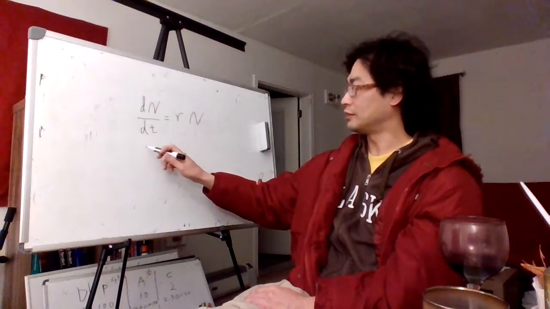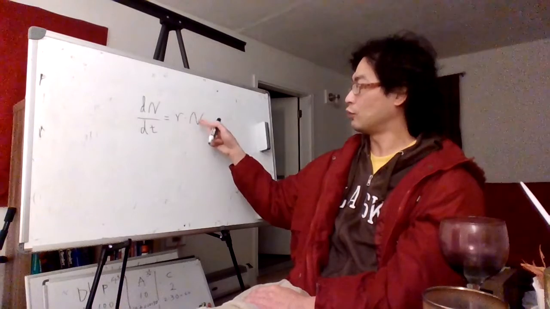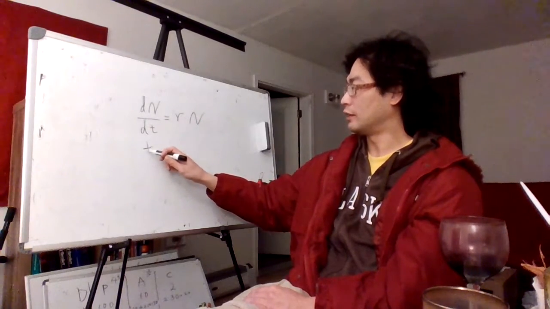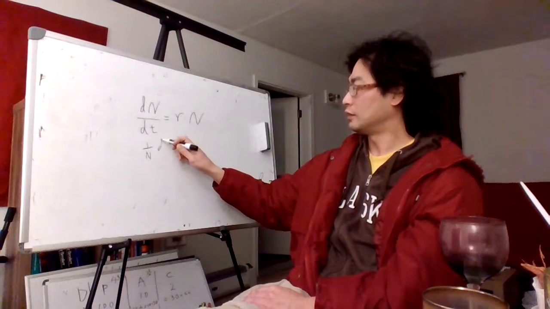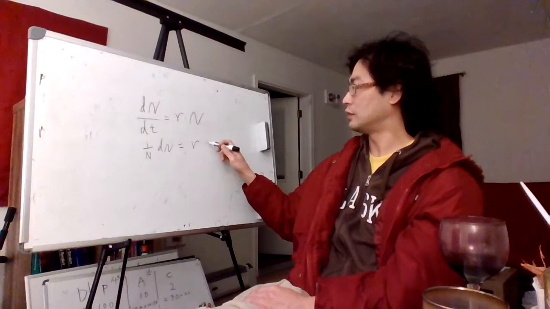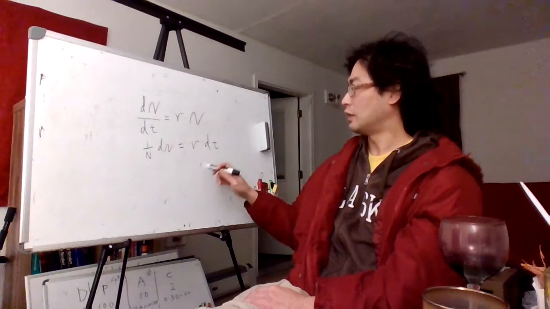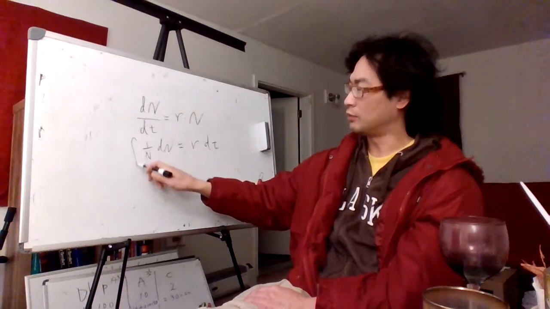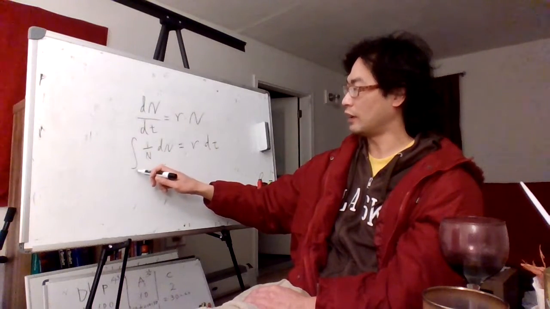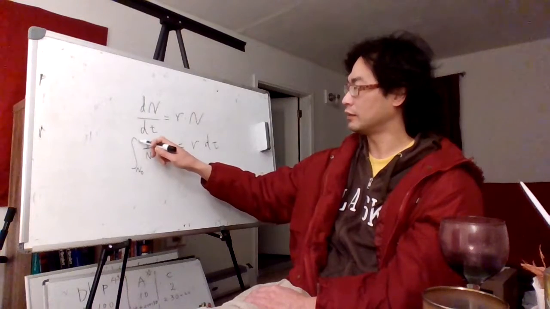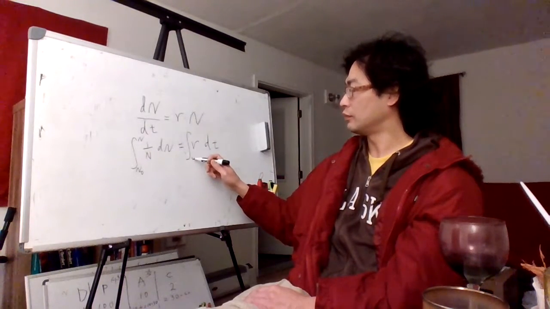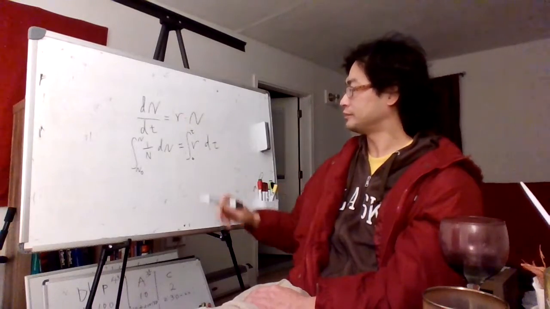So you have N go to the other side, so you have 1 over N dN is equal to r dt, and you do the integral on both sides, from N0 to N, and from t0 to t.